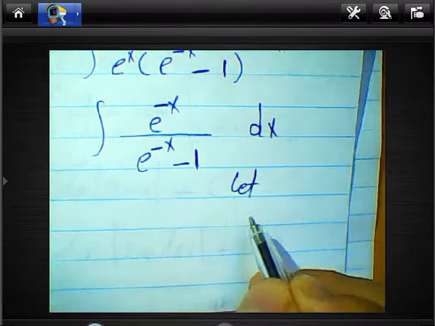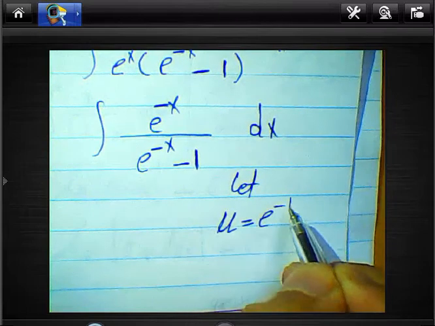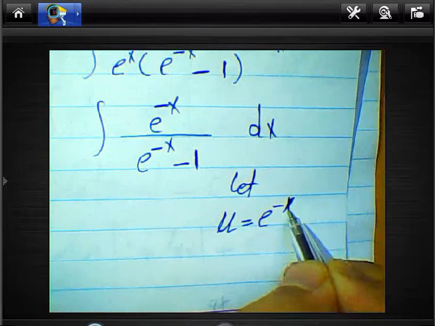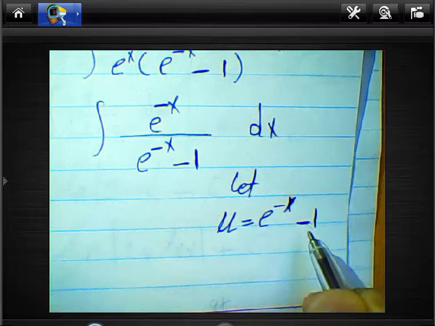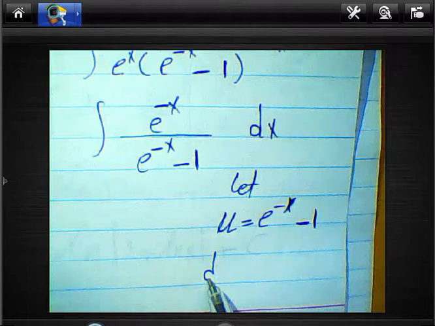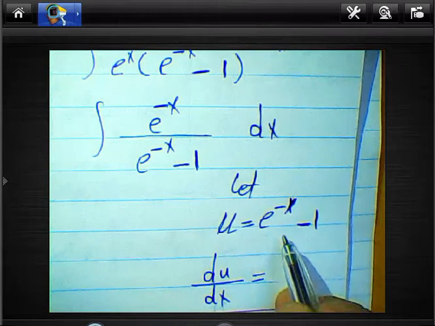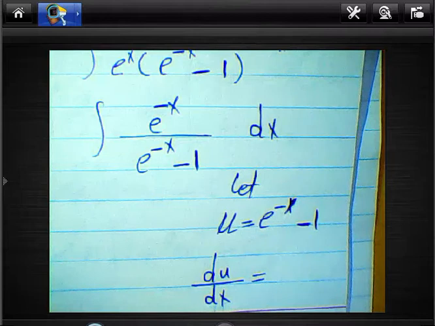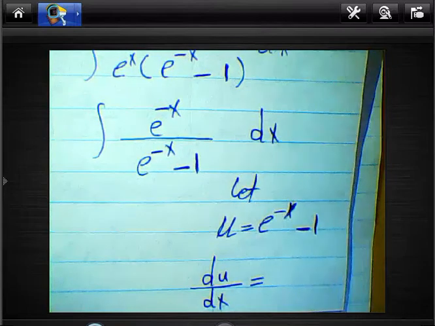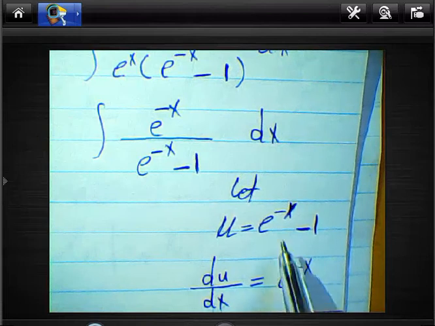Let u equal e power negative x subtract 1, and find the derivative of this expression: du over dx equals e power negative x, and the derivative of this power will be negative.